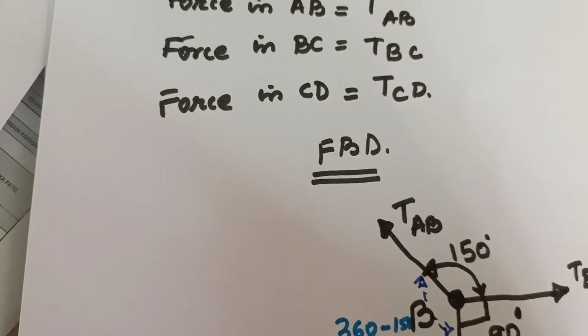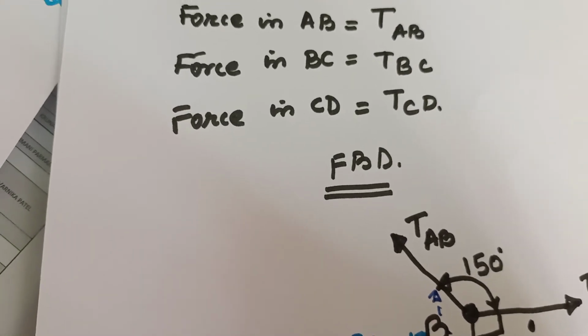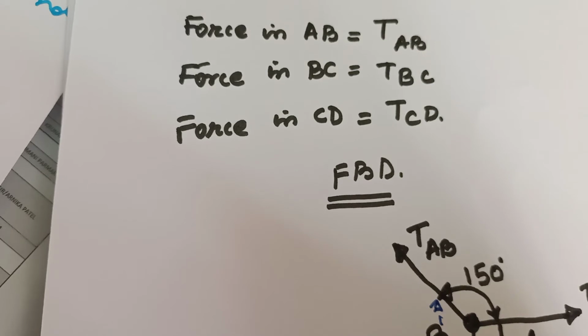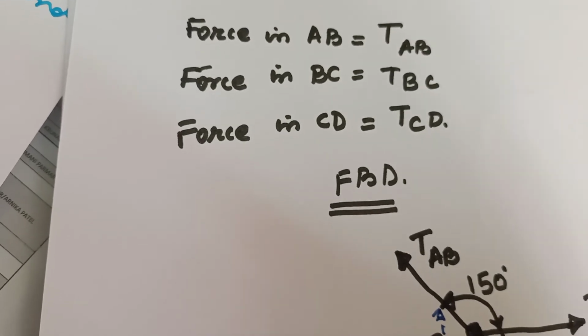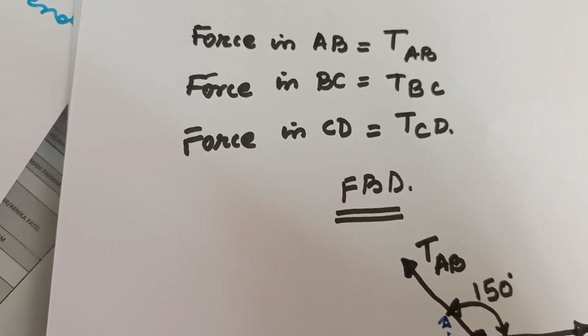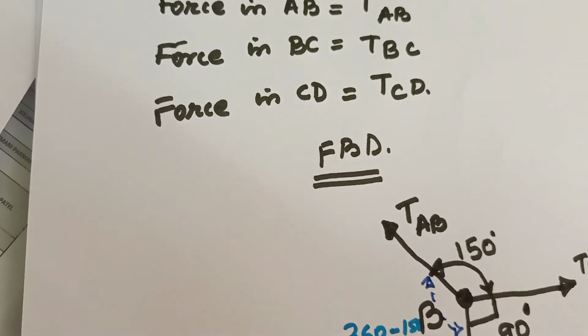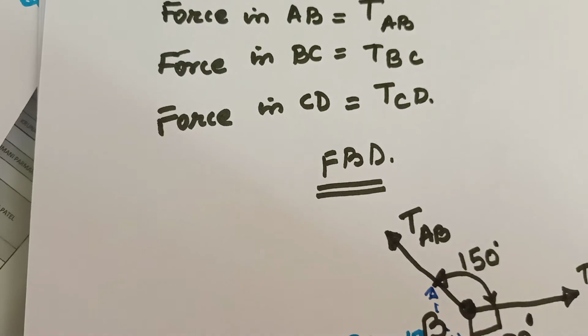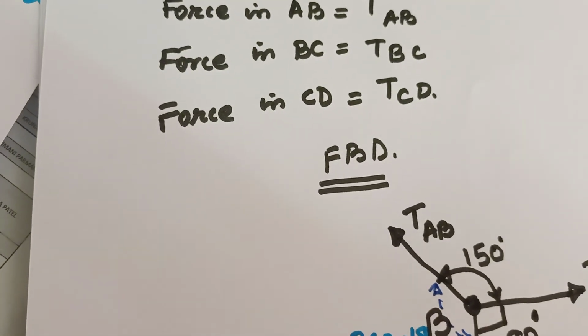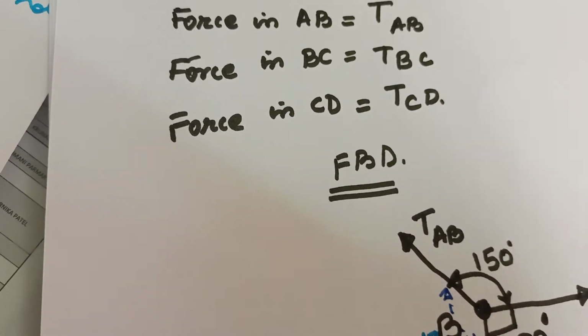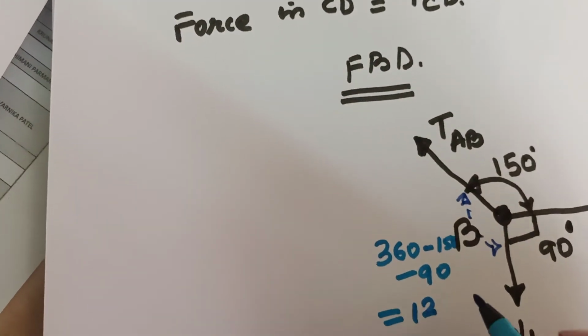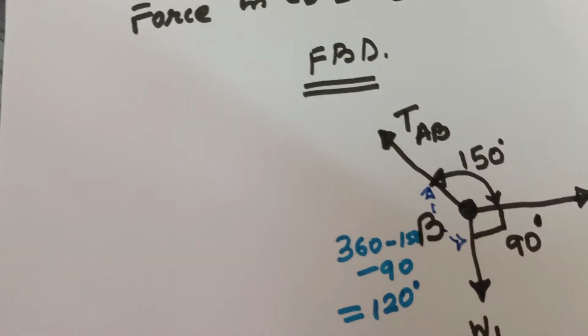So 150 plus 90 is 240, and 360 minus 240 comes out to be 120. So this angle is equal to 120 degrees.